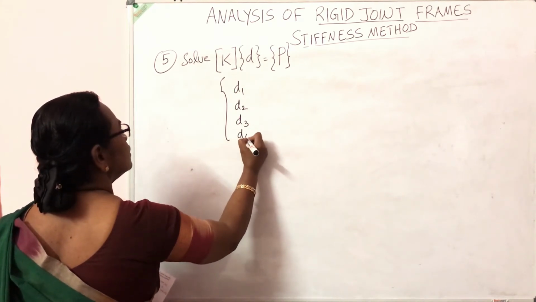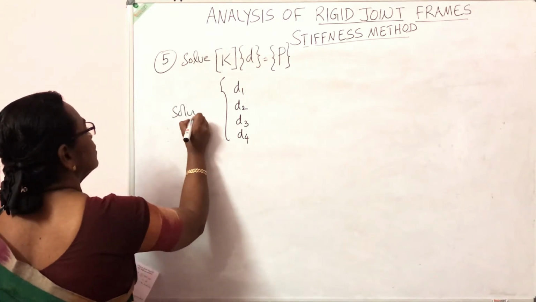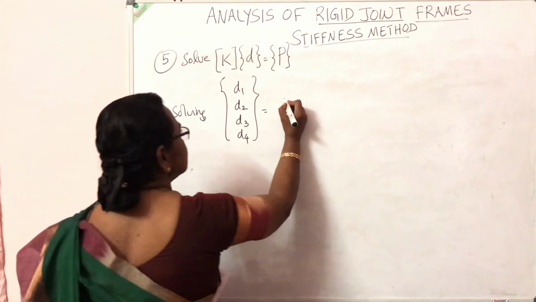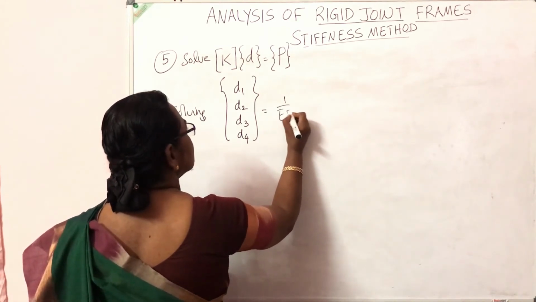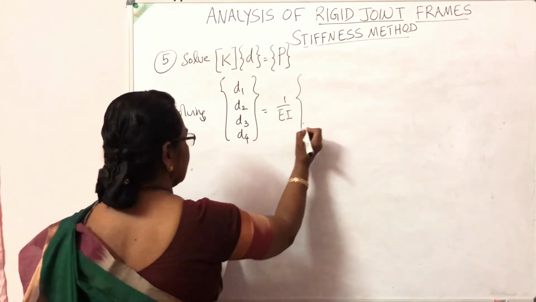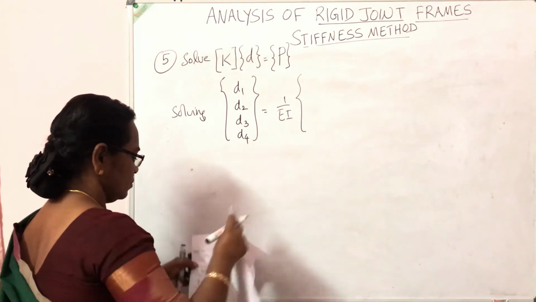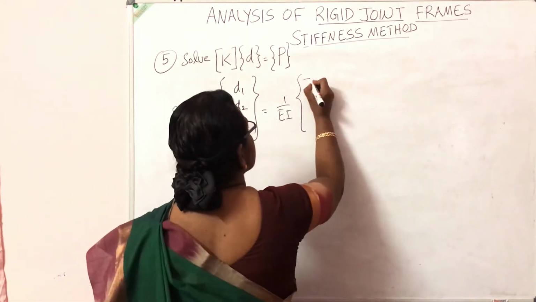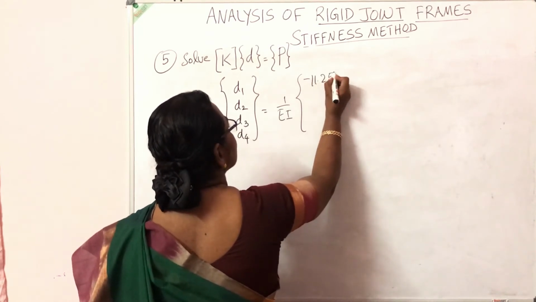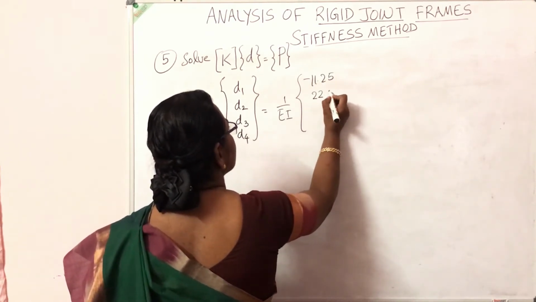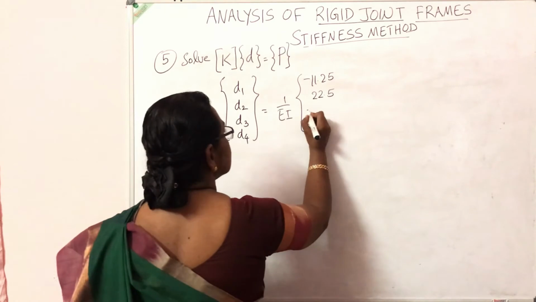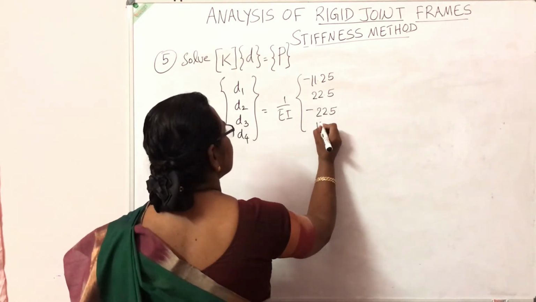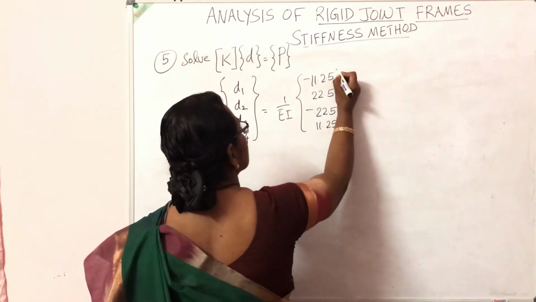Solving the equation, we will get D1, D2, D3, D4 as 1 by EI into minus 11.25, 22.5, minus 22.5 and 11.25.